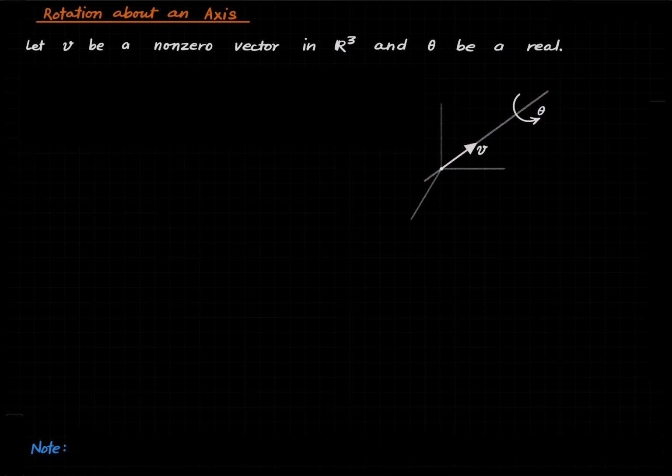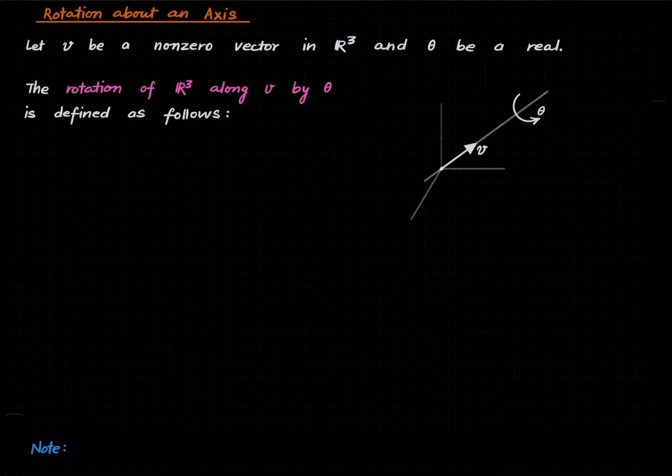So choose a non-zero vector v and take its span. That gives you an axis of rotation, and we want to define what is meant by rotating by theta about that axis. This is going to be a map from R3 to R3. We just want to explicitly write down what that map is. So the rotation of R3 along v by theta is defined as follows.